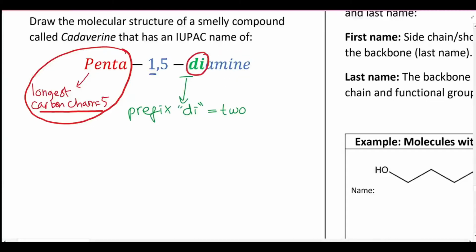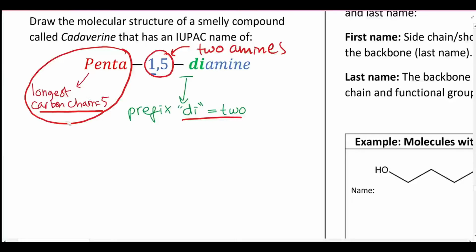You remember from our chemical names before, di is a prefix for 2. So specifically, this molecule has 2 amine functional groups. Right? So 2 amines. And where are they located? Well, the 2 amines are located in position number 1 as well as position number 5.